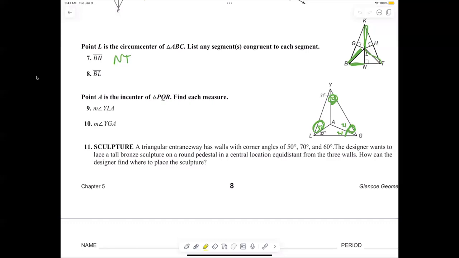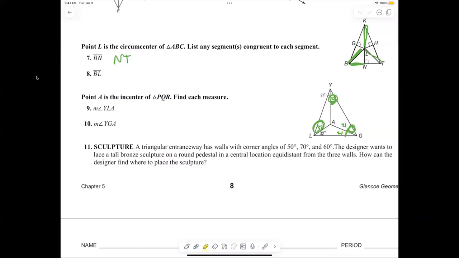So the incenter is equidistant from the sides of the triangle. The three angle bisectors meet at the incenter. And these points are called points of concurrency. Points of concurrency is just a fancy way of saying where all three lines intersect.